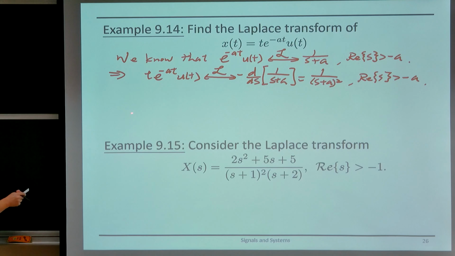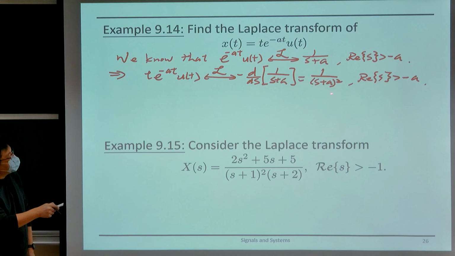So now we have the Laplace transform of the x of t that we're interested in, and this is 1 over s plus a squared.